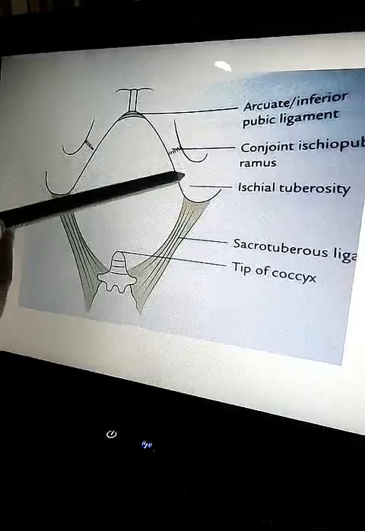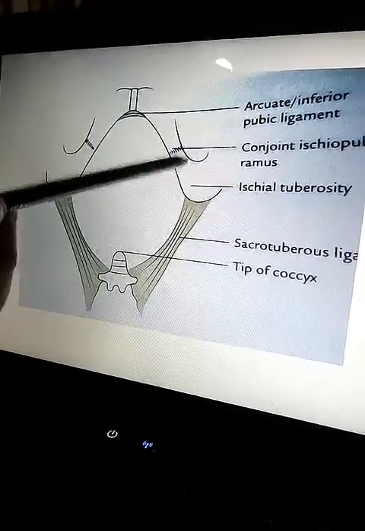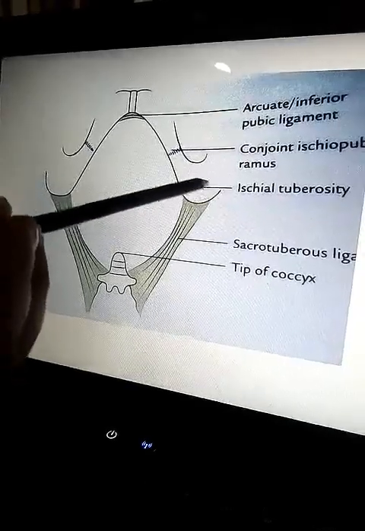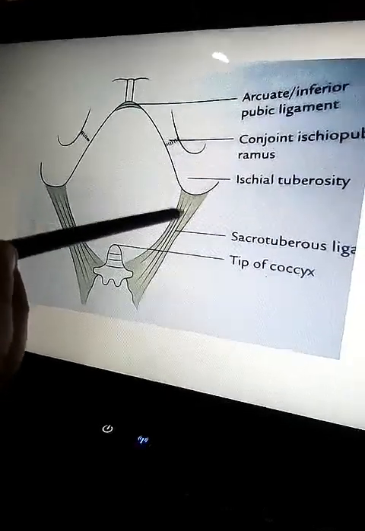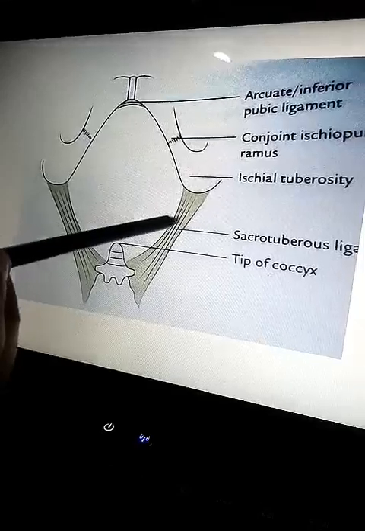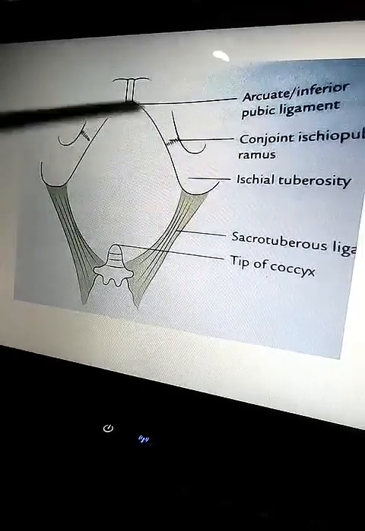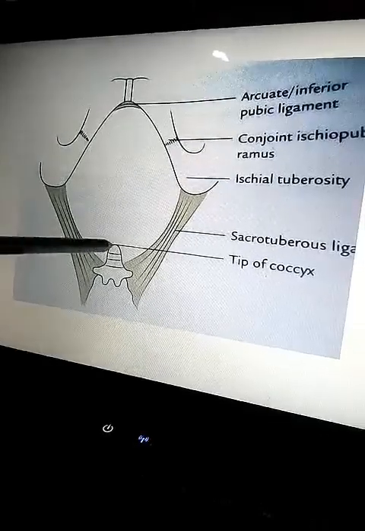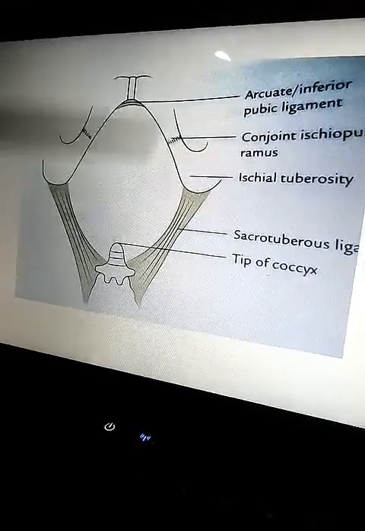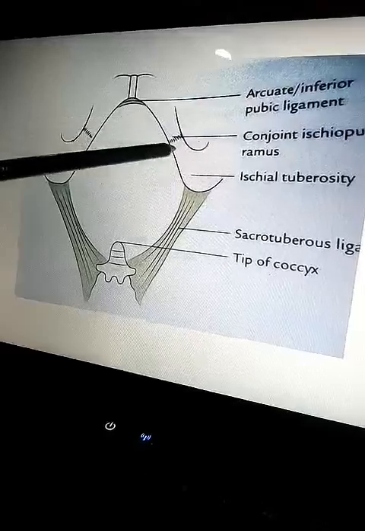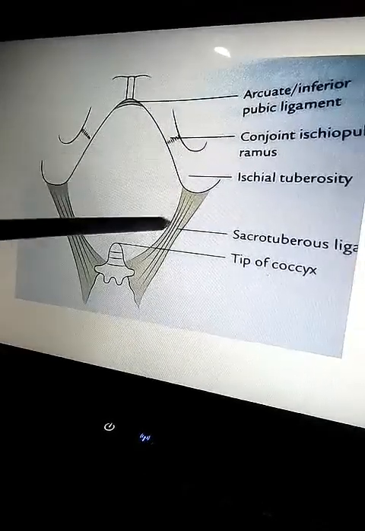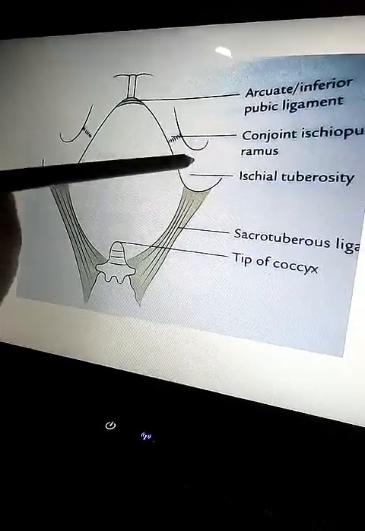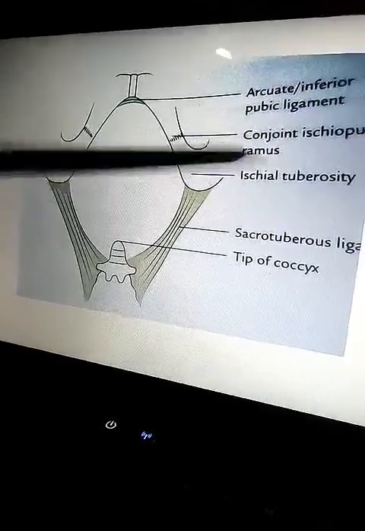Laterally, it is bounded by the ischial tuberosity, and posterolaterally it is bounded by the sacrotuberous ligament. So the deep boundaries are the inferior margin of the pubic symphysis, posteriorly the tip of the coccyx, anterolaterally the conjoint ischiopubic ramus, posterolaterally the sacrotuberous ligament, and laterally the ischial tuberosity.